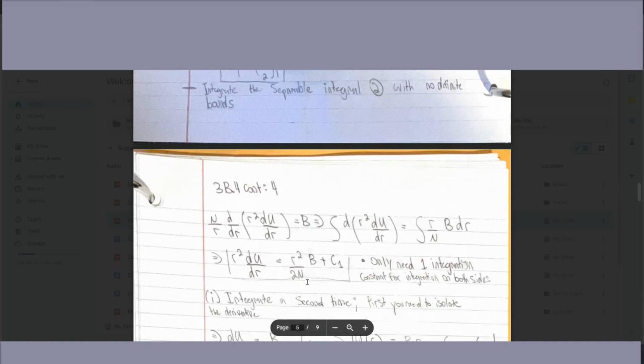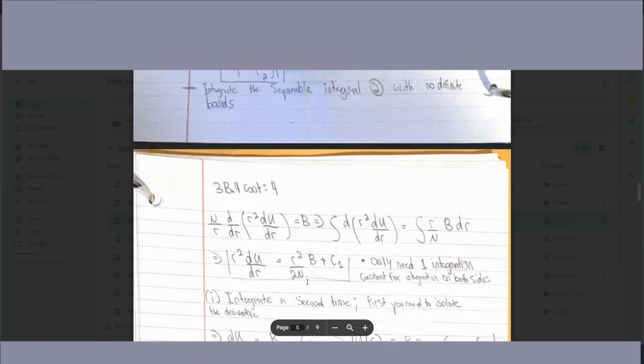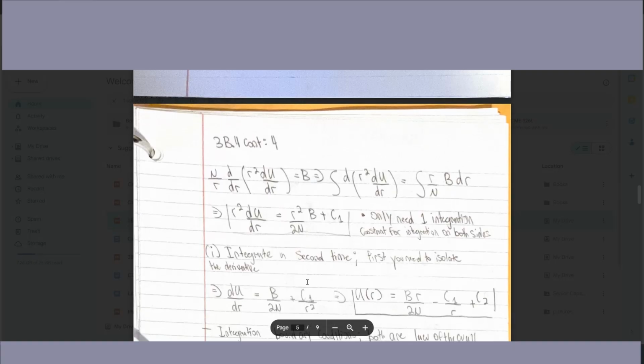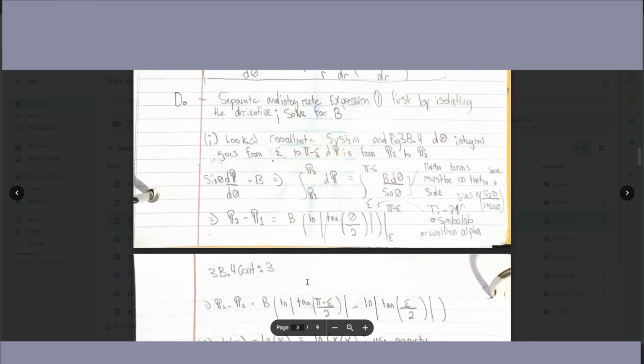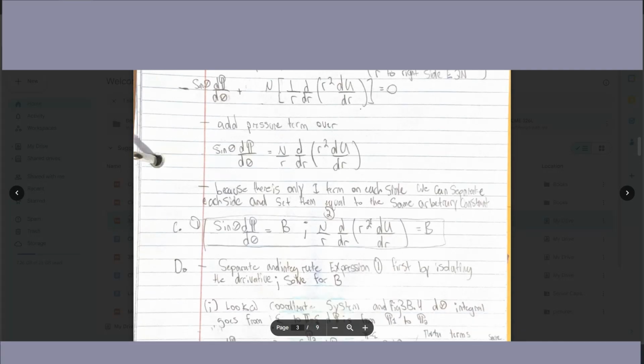All right, so now we're integrating and separating the second condition with no definite bounds. I don't know why I'm doing that, but I guess I'm doing it with no definite bounds. And that's again this equation here.